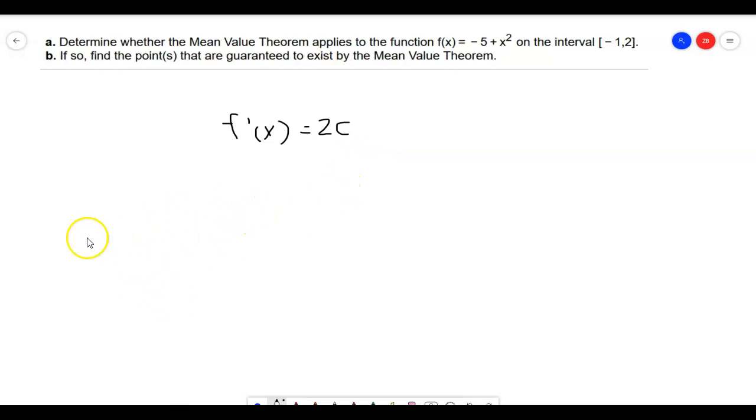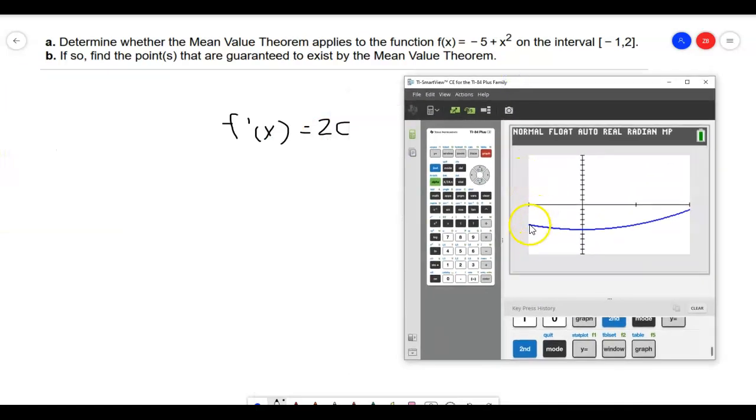And I'm going to set that equal to the slope of the line through the two points at the ends of the interval. So it's going to be this point and this point, the line that forms those points.